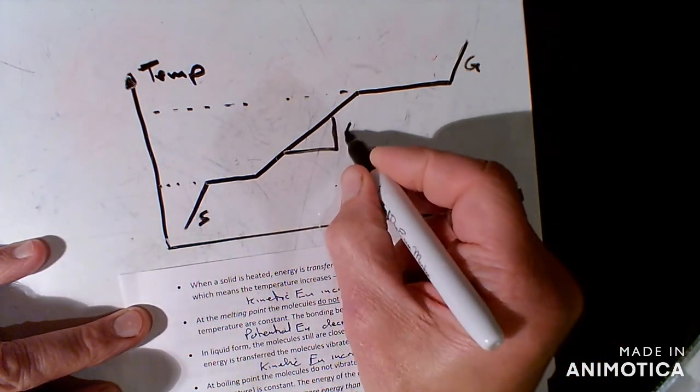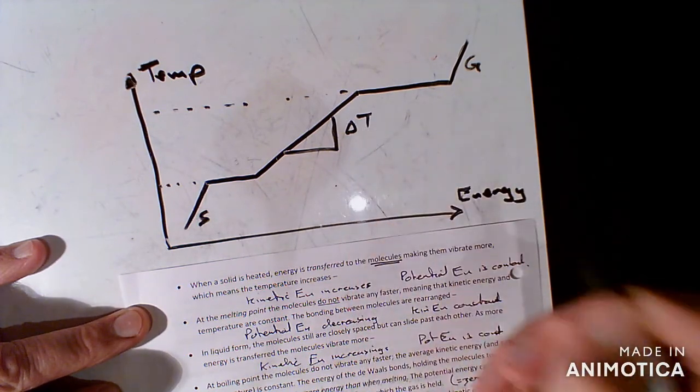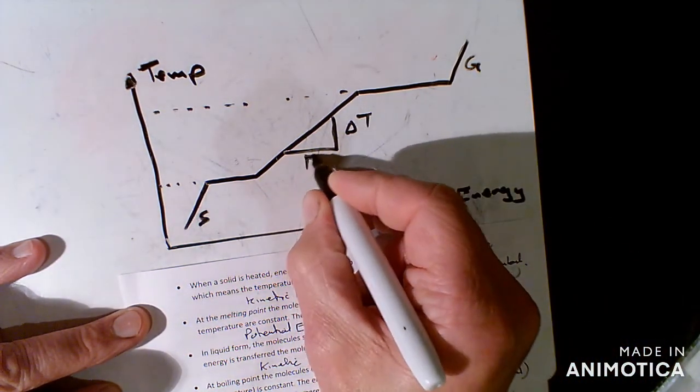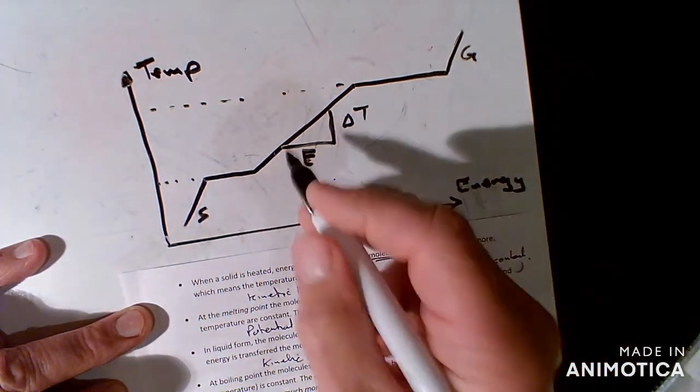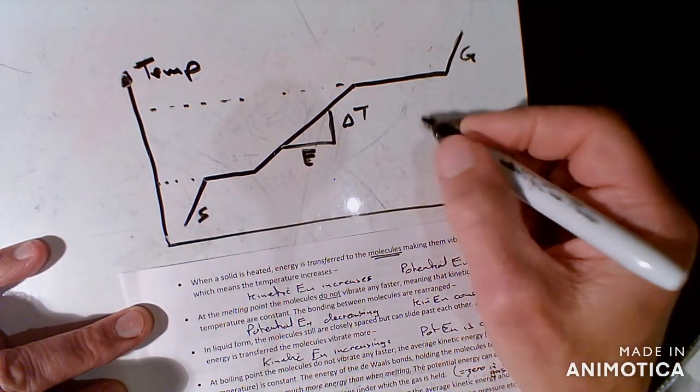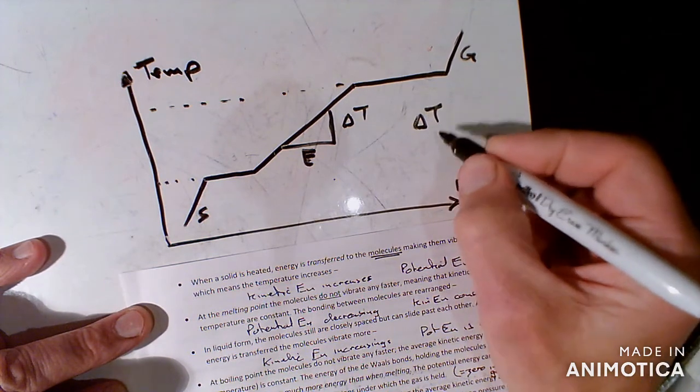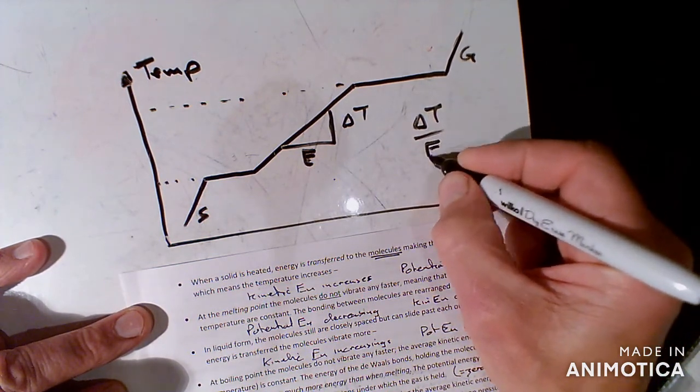That gradient, that change in temperature over energy change within the substance, gives us some sort of value, which will be a constant.